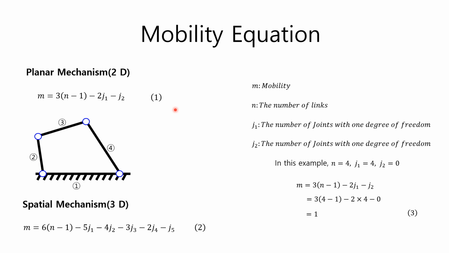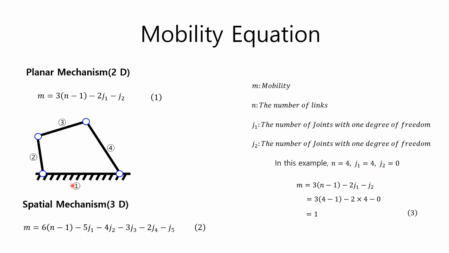In equation 1, m represents mobility, n represents the total number of links, J1 represents the number of joints with 1 degree of freedom, and J2 represents the number of joints with 2 degrees of freedom. In the example on the left, the number of total links n is 4, the number of joints with 1 degree of freedom is 4, and the number of joints with 2 degrees of freedom is 0.